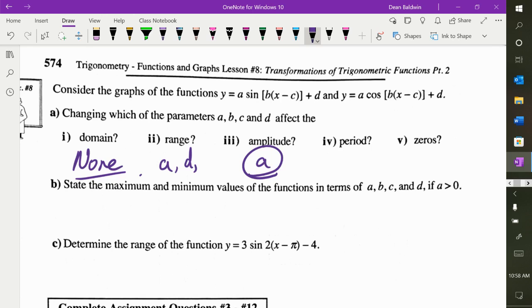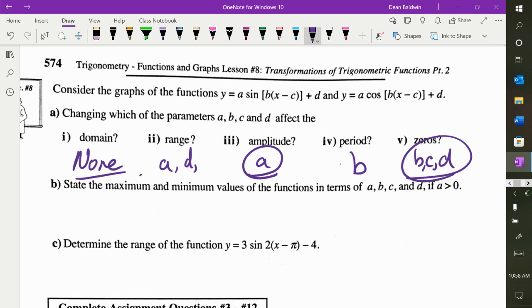What affects the period? B. It's in the formula, right? 2 pi over B. What about what affects the zeros or the x-intercepts? Not everything. There's one that doesn't. The amplitude does. The A value doesn't. So everything else does. B, C, and D all affect the x-intercepts.